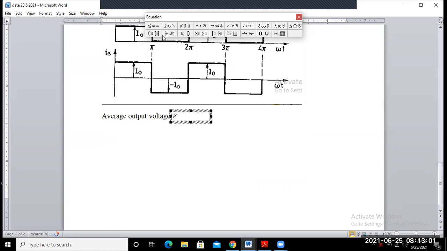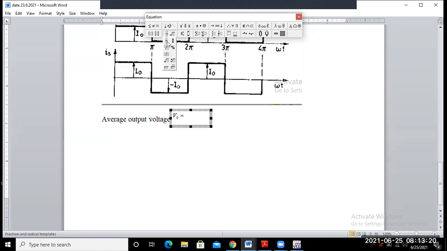V0 is equal to 1 by time period, integration from 0 to time period. The time period for this waveform is pi.